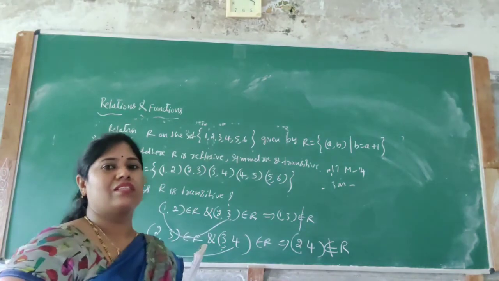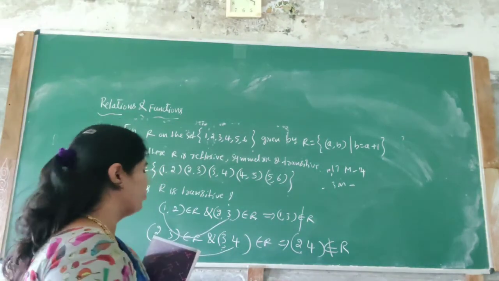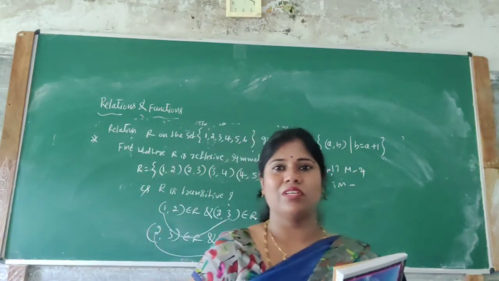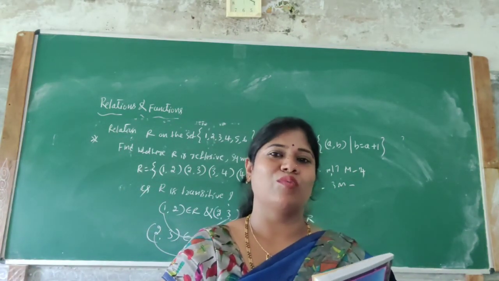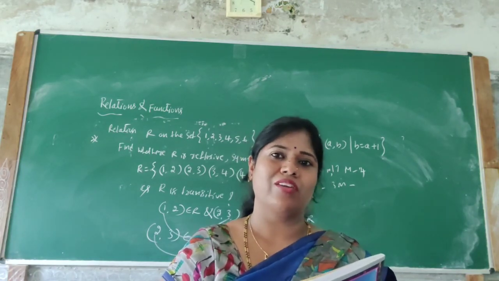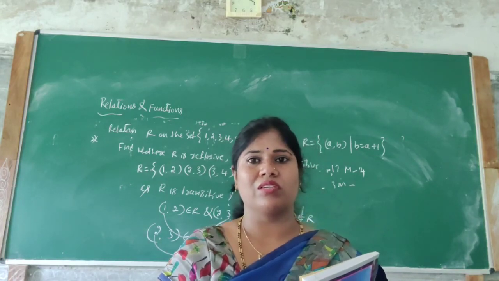So you have to do drill work. Previous year students used to do like this only, so the result is good if you do like this. Otherwise, I don't know what is going to happen. Correct, no? Students, get practice thoroughly.